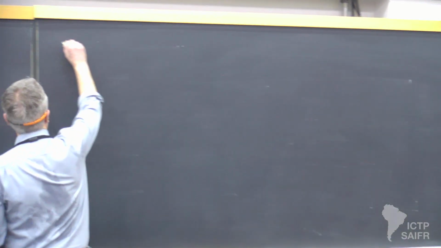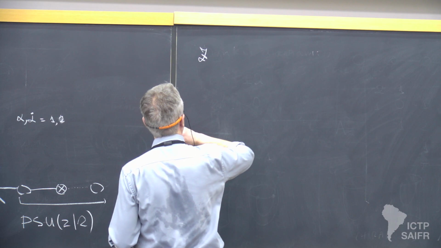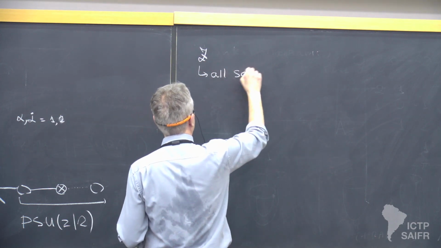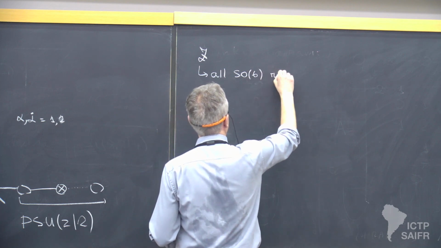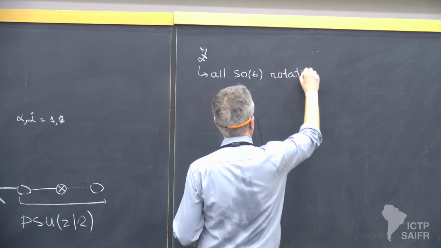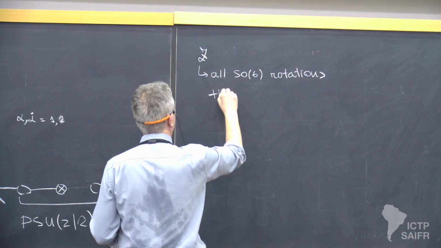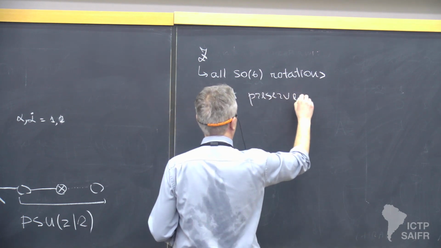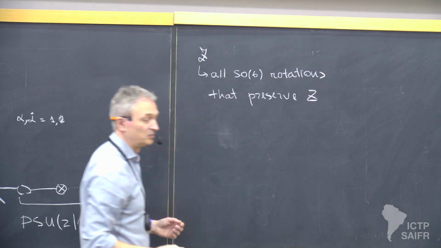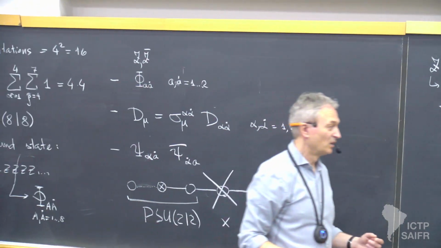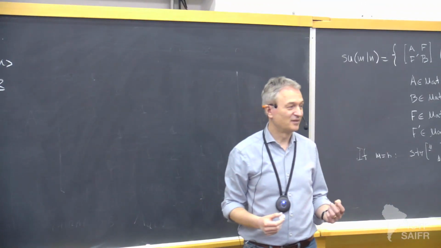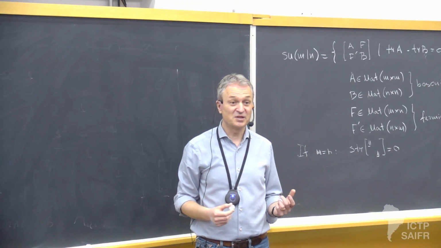So we pick a direction and consider all SO6 rotations that preserve Z. Can you immediately see what this group is?